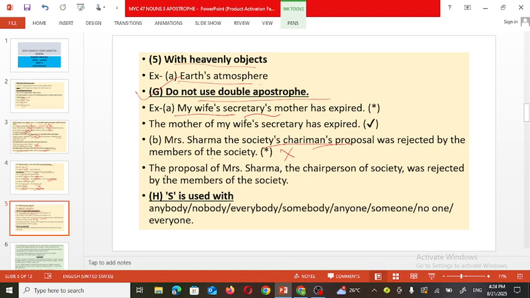So the sentence can be: "The proposal of Mrs. Sharma, the chairperson of the society, was rejected by the members of society." This is the correct sentence. Then 's is used with anybody, nobody, everybody, somebody, anyone, someone, no one, or everyone. So with these nouns also we can use apostrophe s.